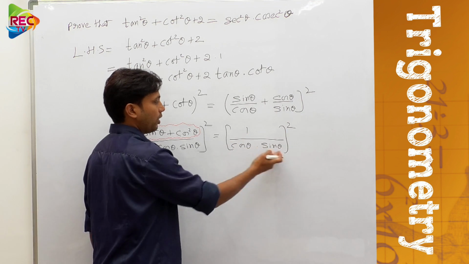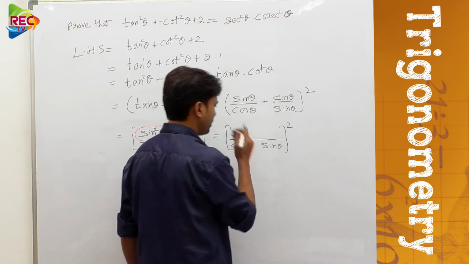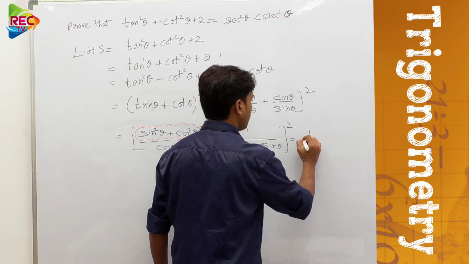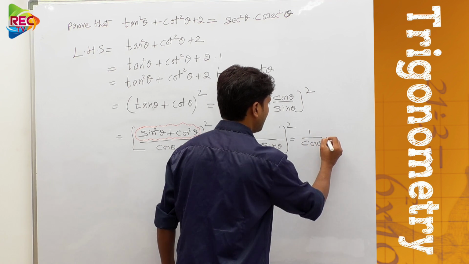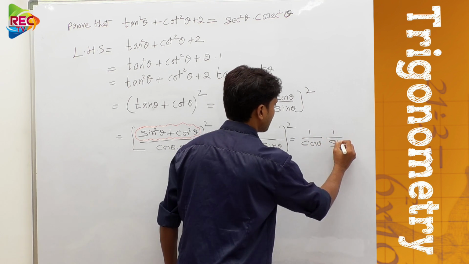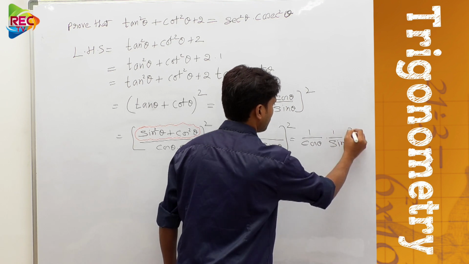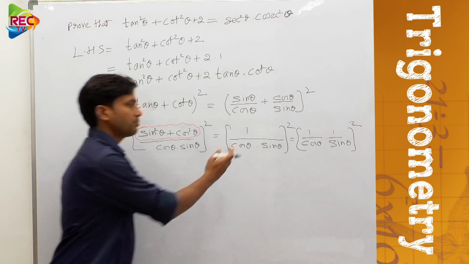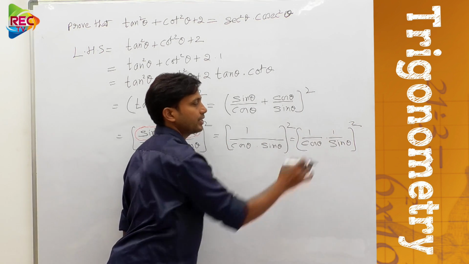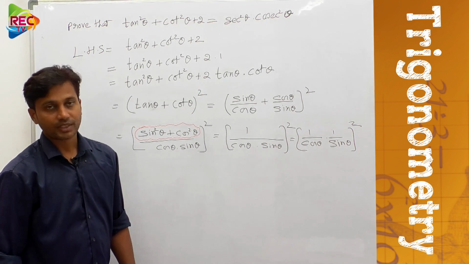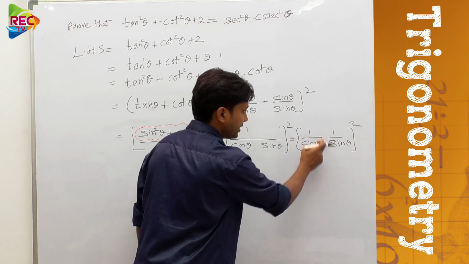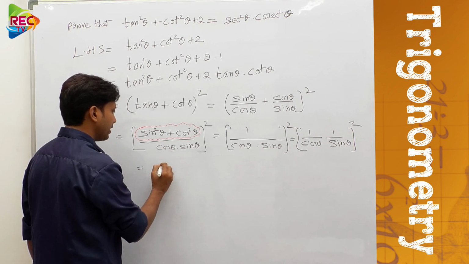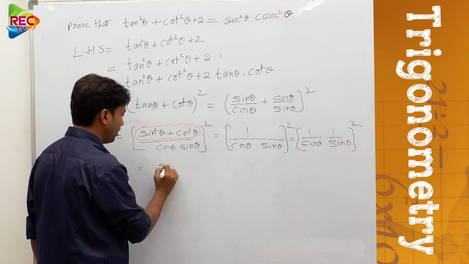If you apply this square to all terms, then what happens? Or else you can split this into 1 by cos theta into 1 by sin theta to that whole square. I have split this into the product of 1 by cos theta into 1 by sin theta. Then 1 by cos theta means what? Will it represent secant theta or not?